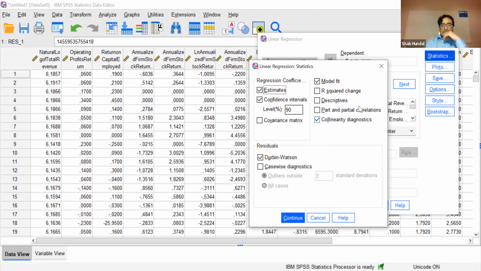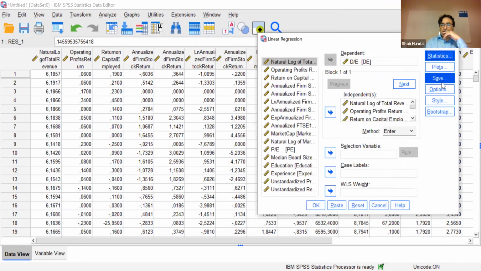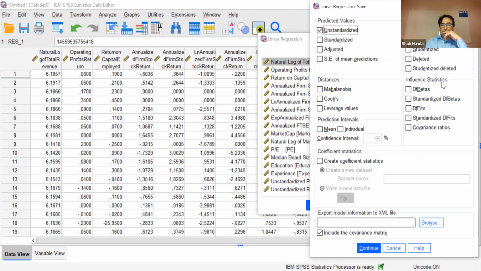Descriptives. Plot save. Does it say correlation somewhere? Even if it doesn't say, not a big deal. We can do it this way.